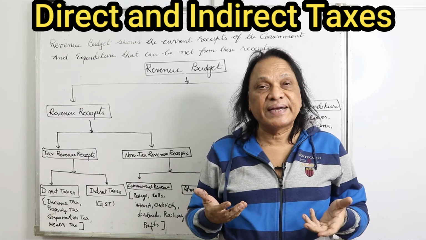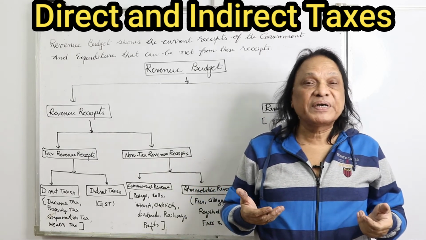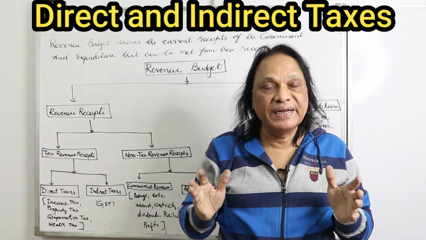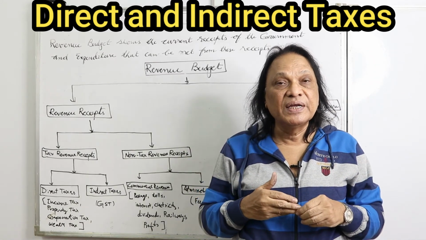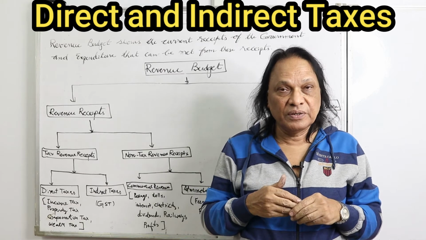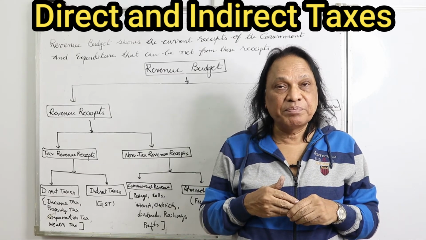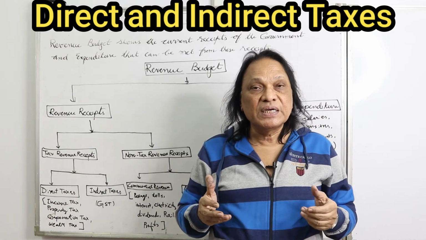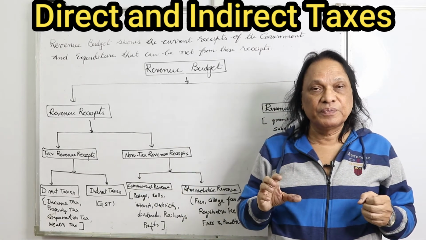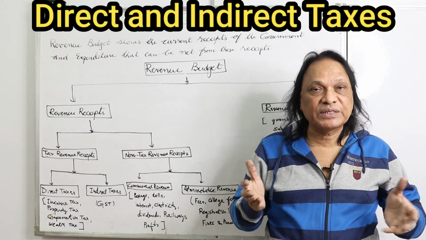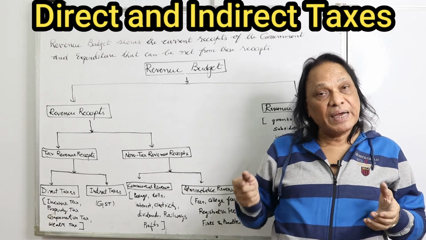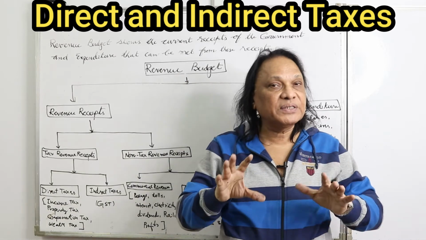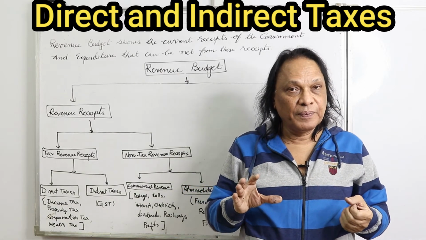These are called direct taxes because the tax liability and burden, or we call it in economics the incidence of these taxes, lie on the same person. If they're imposing tax on you, maybe income tax or property tax, wealth tax, the tax liability is on you, and the burden to pay the tax is also on you.